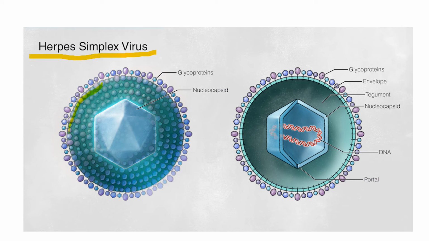Again, this is the outer coat, the envelope made of a phospholipid bilayer, kind of similar to what is on the outside of cells. Okay. And then we have what's called the capsid. This is made out of proteins. And then you have the genetic material inside.